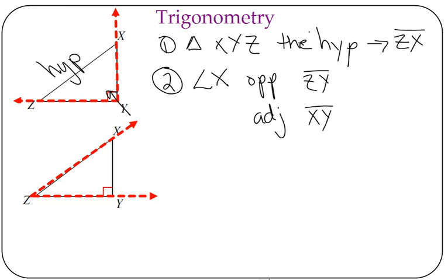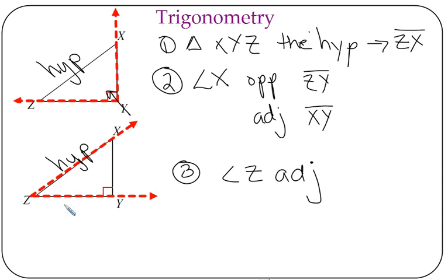Okay, so here we go. Now we're looking at angle Z. Just because I can, instead of looking at the opposite, I'm going to figure out which one is adjacent to angle Z. So adjacent to angle Z, well, again, this is the hypotenuse.